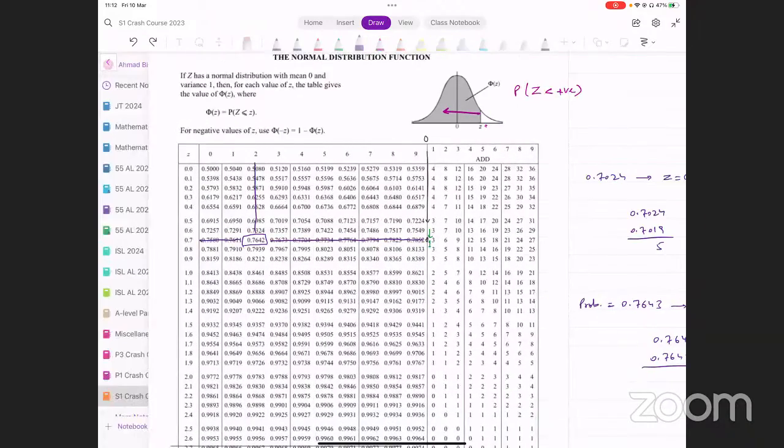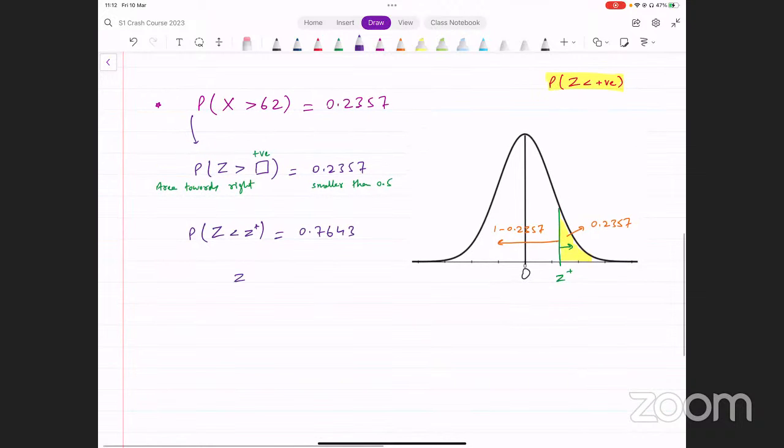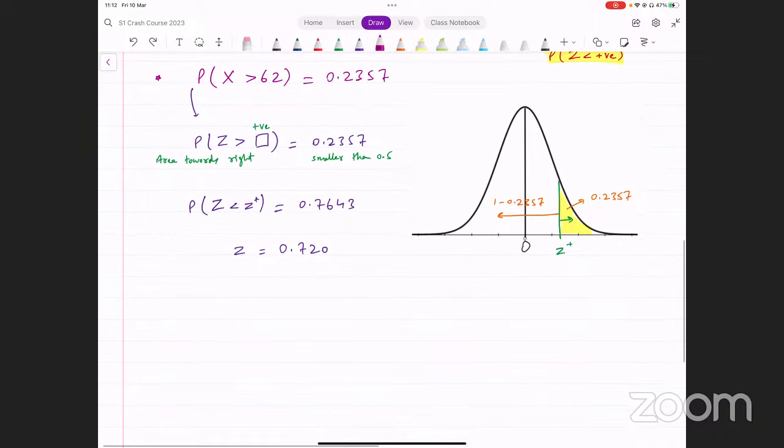That's the value of Z that you have. Write that here. You say that the value of Z that you get here is 0.720. You know that this value was supposed to be positive, so that's 720. Now you can just input this value in the formula to find any unknowns that you have. So Z equals X minus mu over sigma.